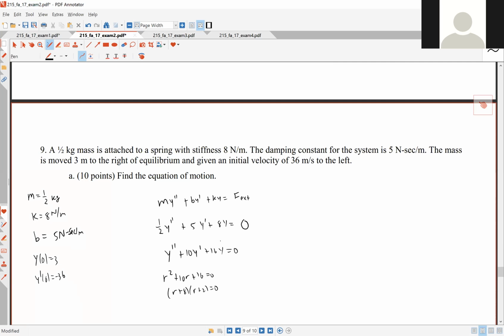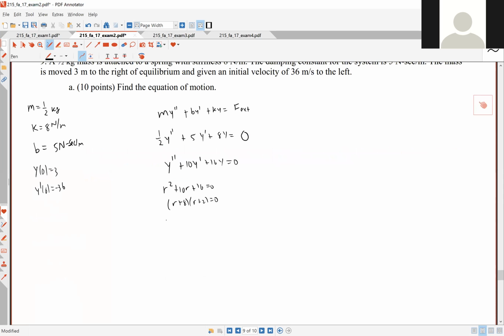When you get the two r's like that, this is either critically damped or overdamped. And so we have r equals -8 and r equals -2. So we have the equation of motion is c1 e to the -8t plus c2 e to the -2t.